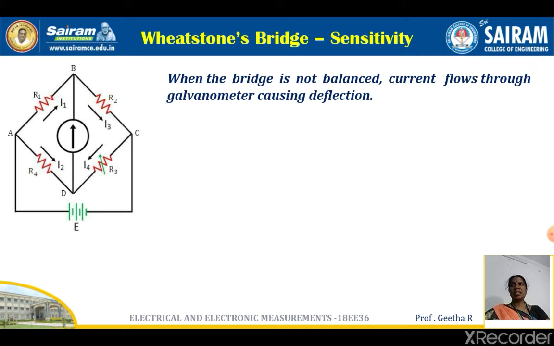Whenever there is a change in the input, the circuit responds, or accordingly there is a change in the output, and that is nothing but sensitivity. So when the value of the resistance changes, that should be reflected in the output. You can say the sensitivity is closely associated with accuracy also.